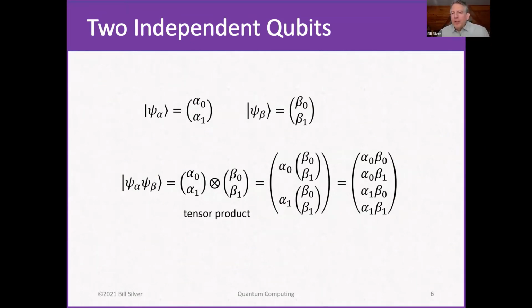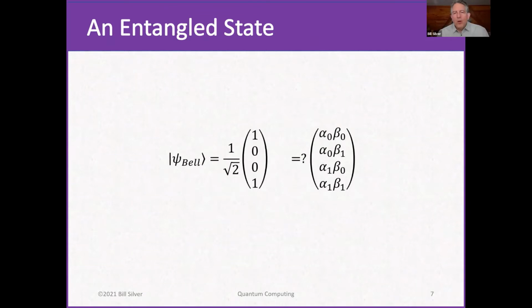And then we noted that there are plenty of quantum states that cannot be represented by the tensor product of independent qubits, and those are the entangled states. And we looked at one entangled state. This is called the Bell state. And this particular simple state cannot be represented by a combination of two independent qubits. These two bits are not independent, they are entangled.